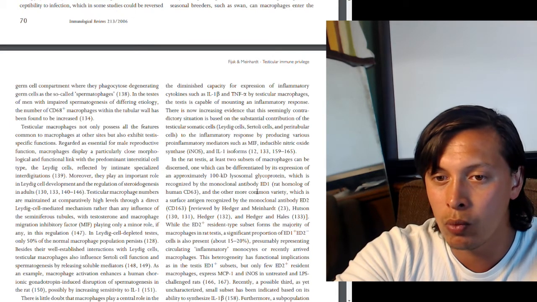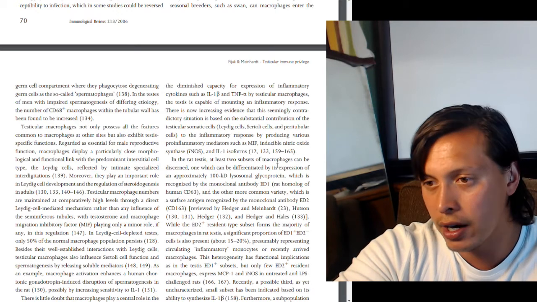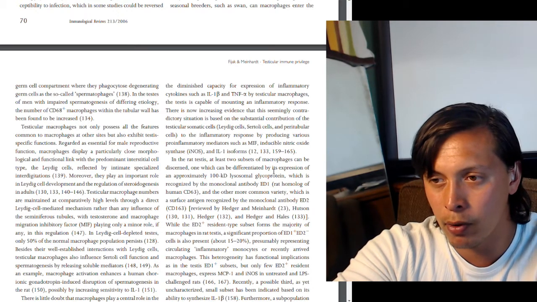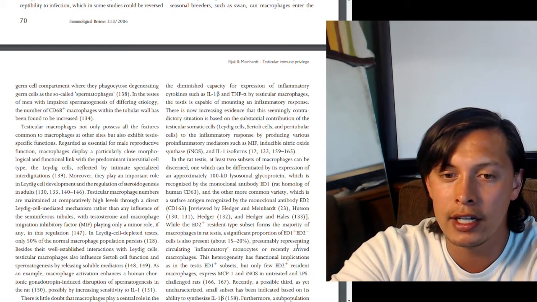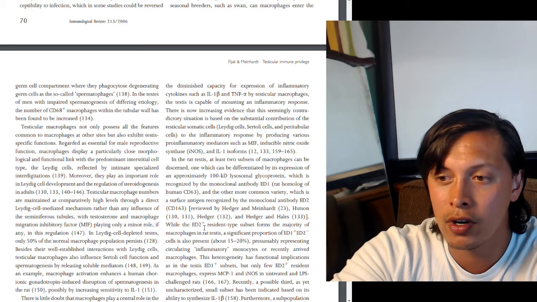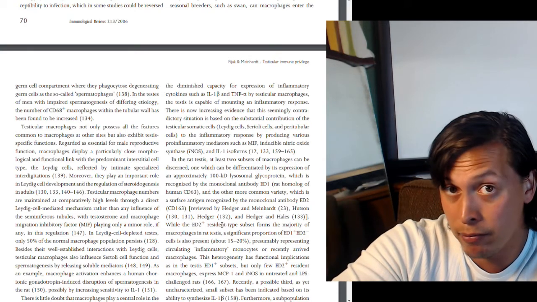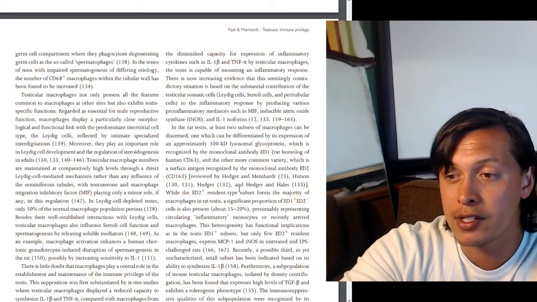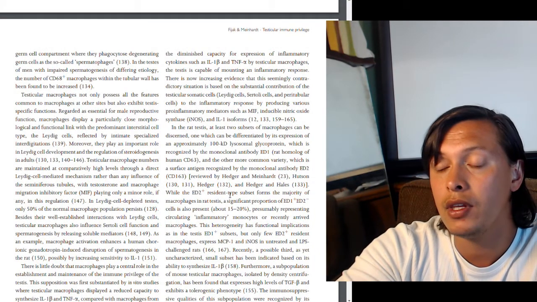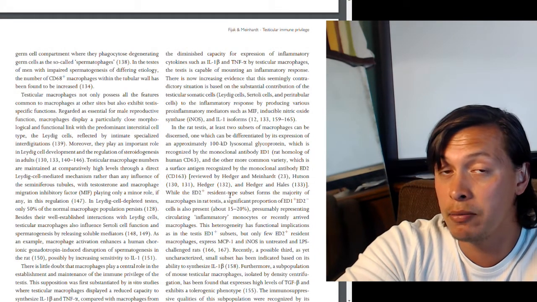And then these ED1 ones are also there, but in a smaller proportion, between 15 and 20%, whereas the ED2 positive ones are 80 to 85%. And then these ED2 positive ones tend to be immunosuppressive.